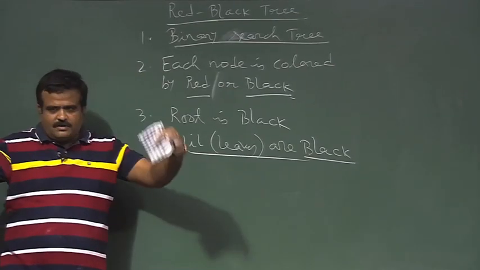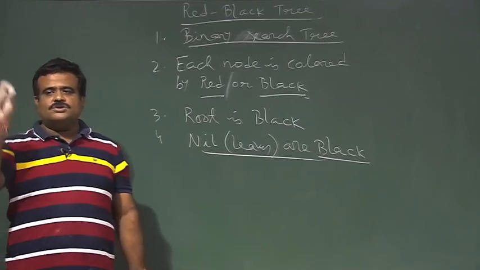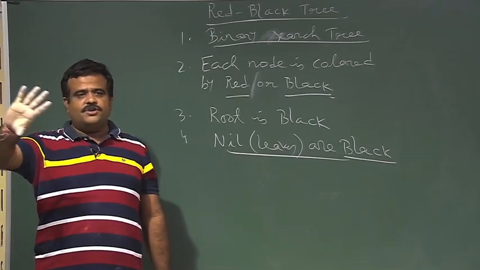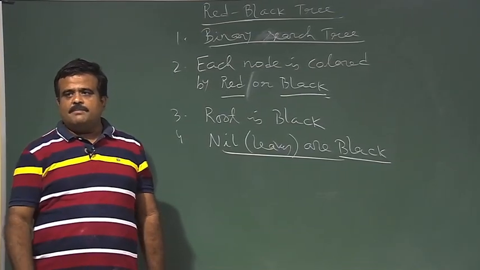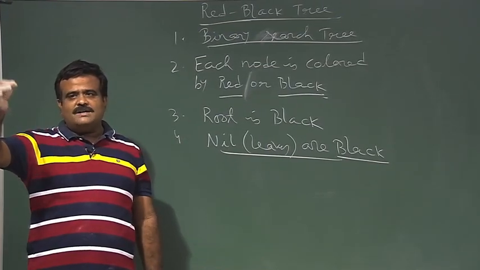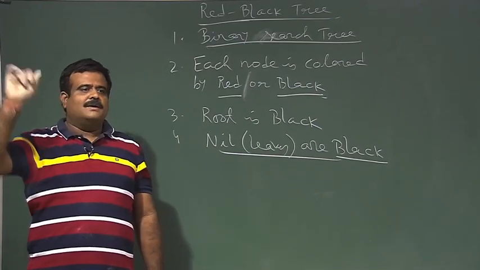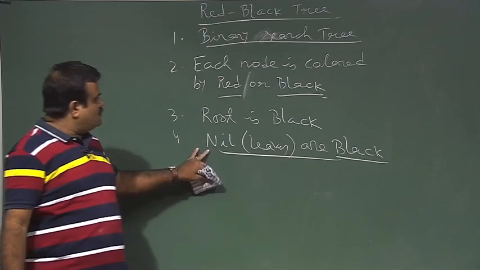We have a tree with its leaves, and now we introduce some new leaves, which are the nils, to make the tree a complete binary tree, because a node may have only one child. To make it complete we need to introduce these nil nodes.